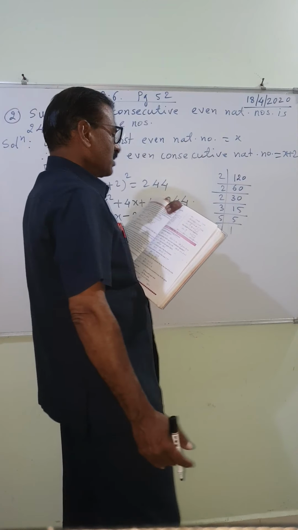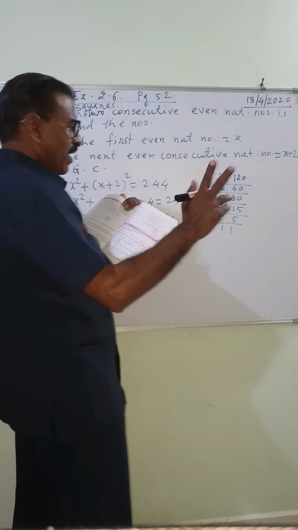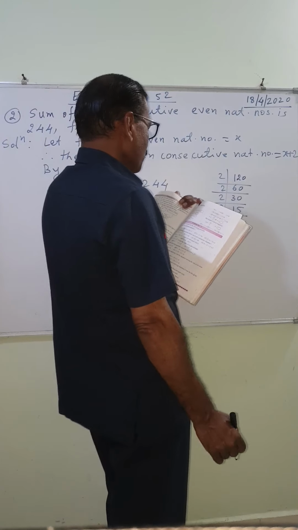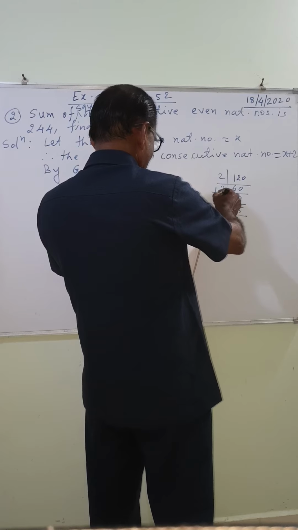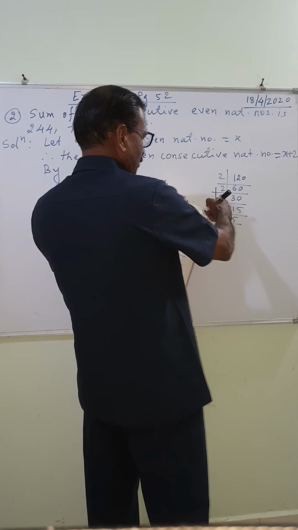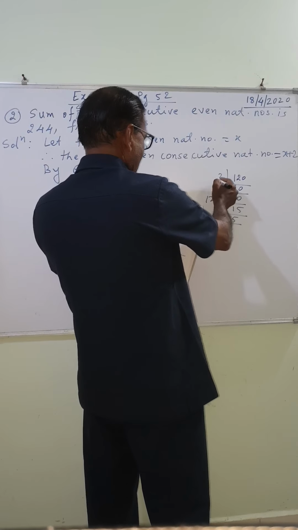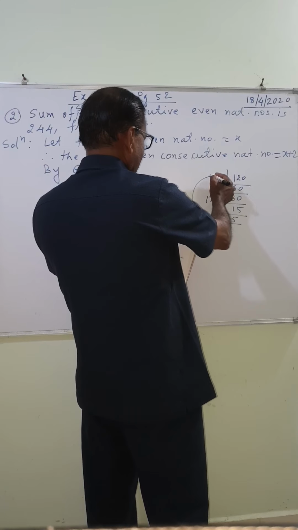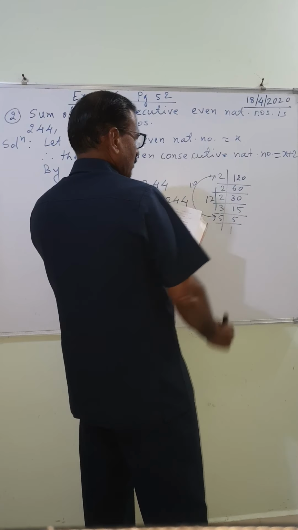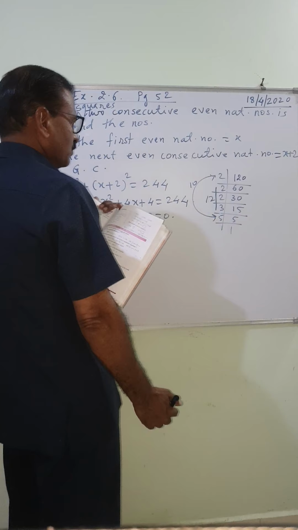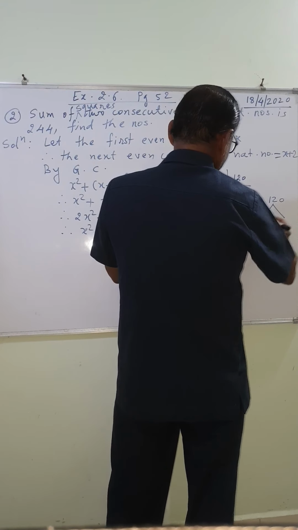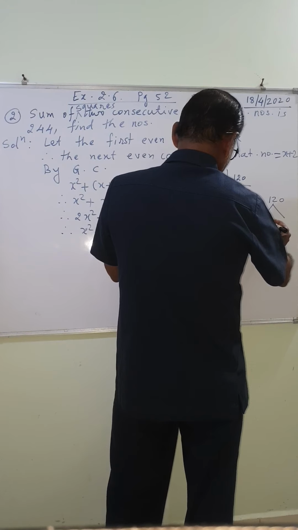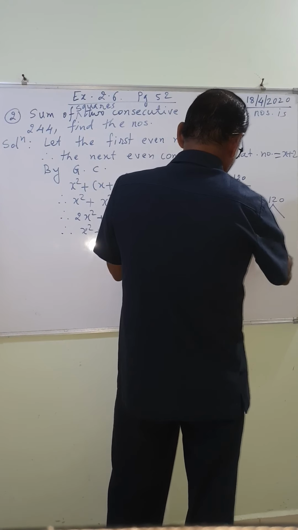These are the factors. Out of that, I want 2 factors, so I will make groups. If I take 12 as one factor and 10 as the next factor, see, the difference is 2. That means 120 has factors 12 and 10.